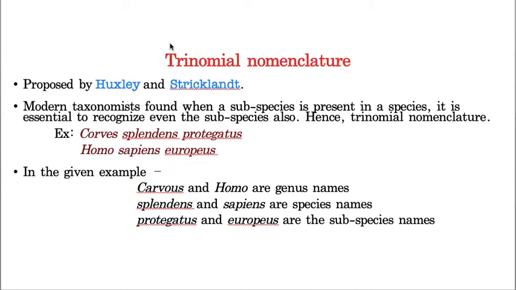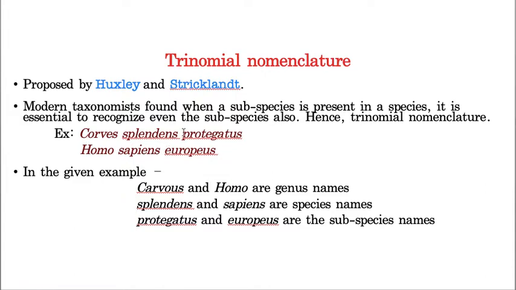One is the genus name, two is the species name, and the third is the subspecies name. Sometimes a species also includes a subspecies, and this subspecies also should be named. If the subspecies is added to the species name, then that is called trinomial nomenclature.